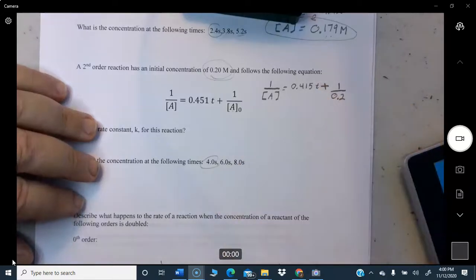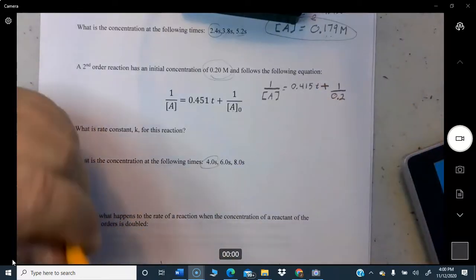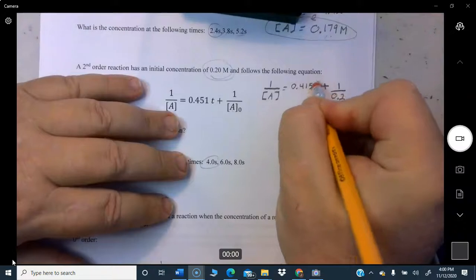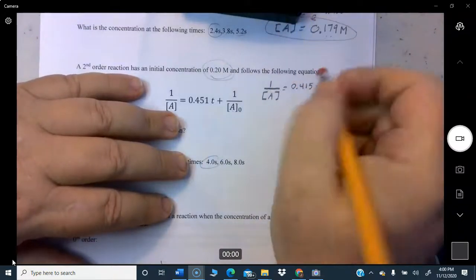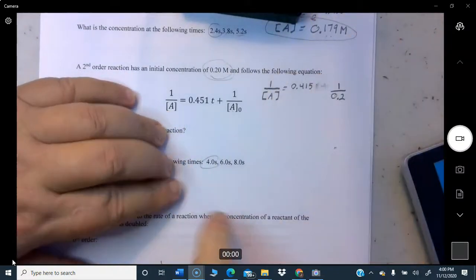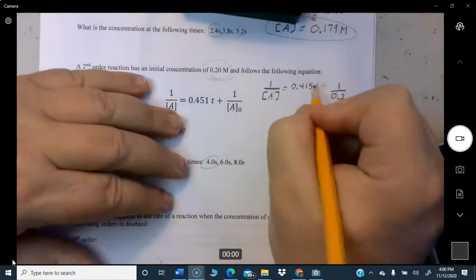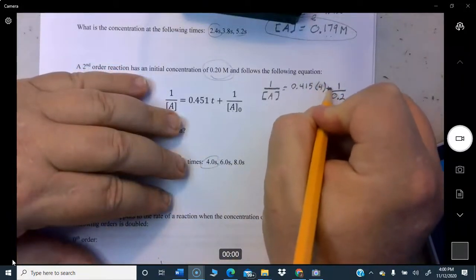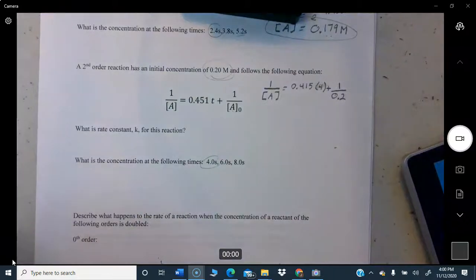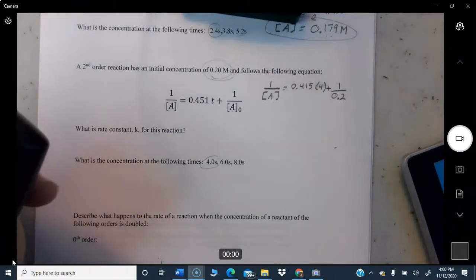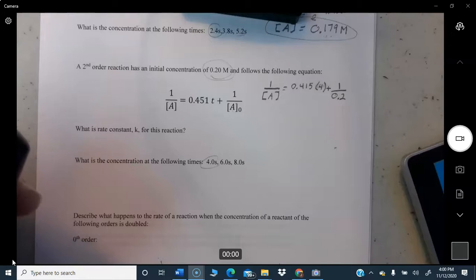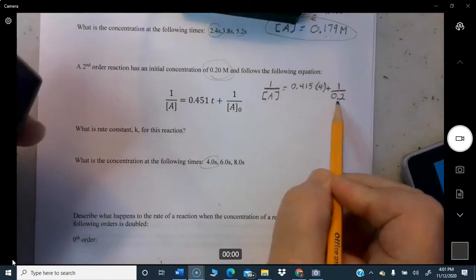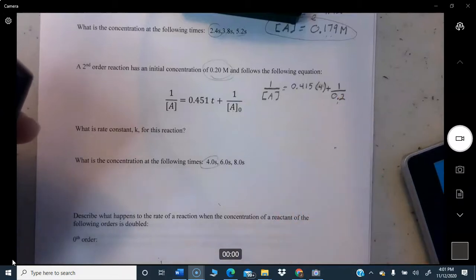Now it's just math, except I should have put my time in there. It's 4 seconds. I'm going to do the first one for you here. So it's times 4, and then I'll put the plus sign right there. And 1 over 0.2 is 5, the reciprocal of 0.2 is 5.